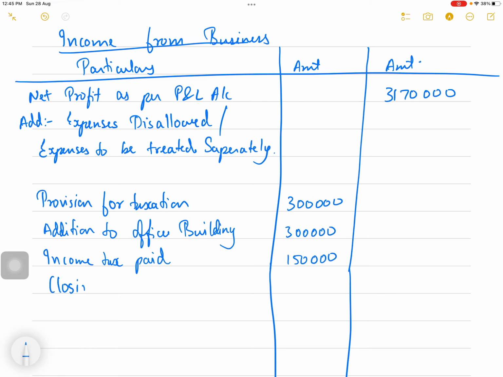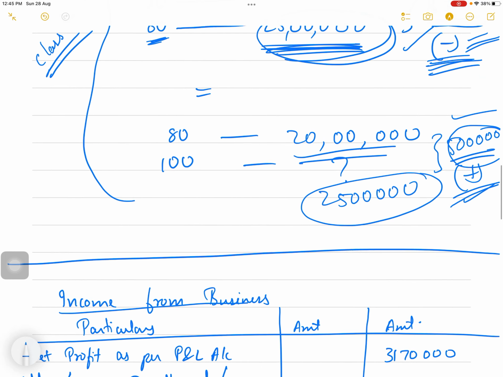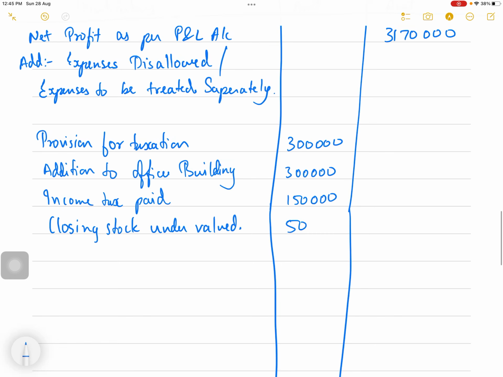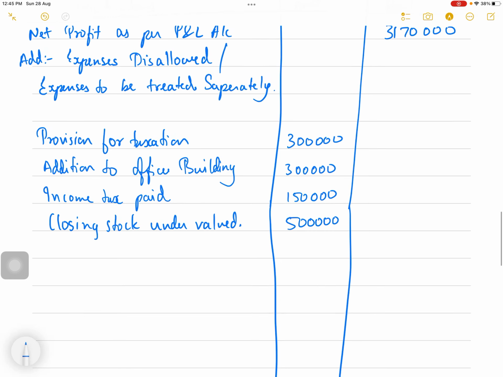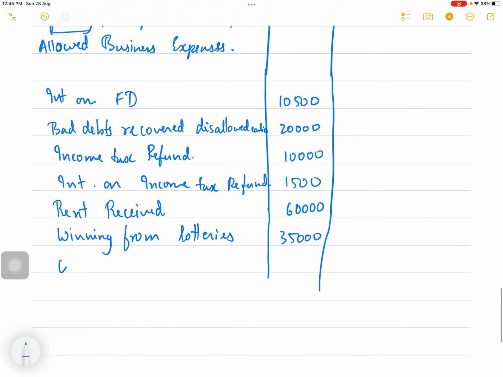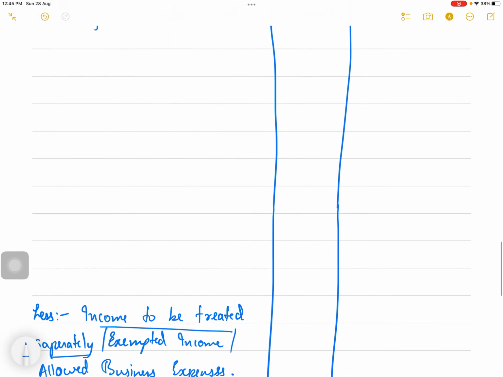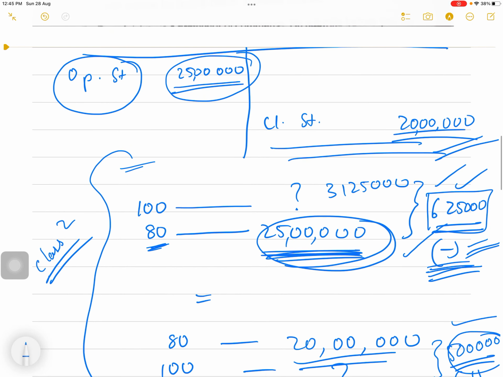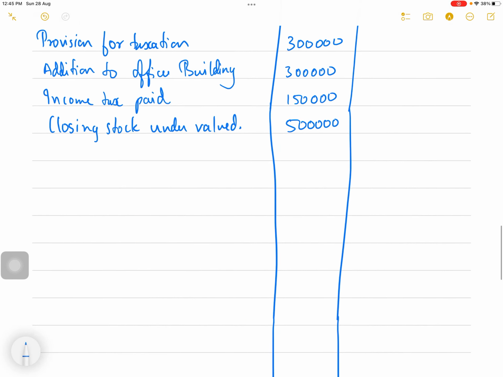No, sorry, closing stock undervalued, 5 lakh. Opening stock undervalued, 6,25,000.